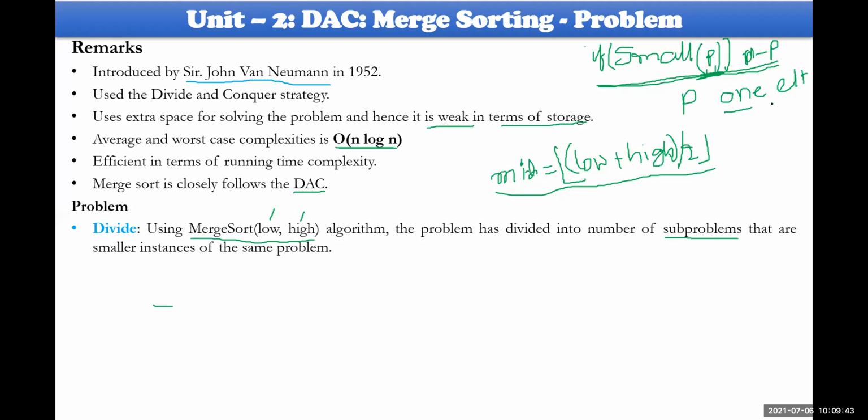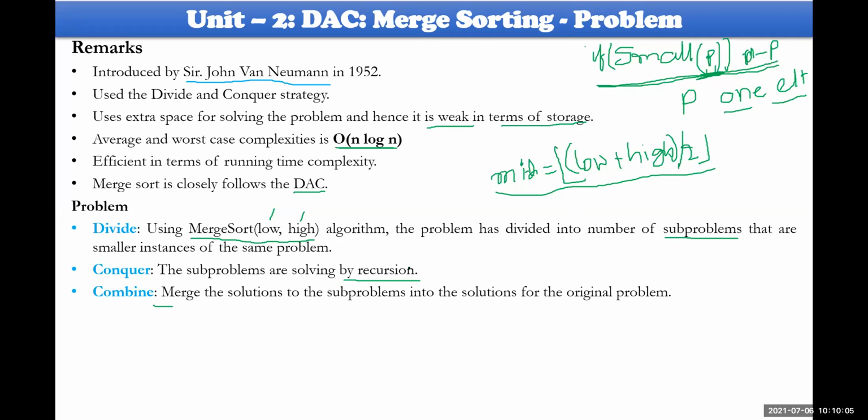If you have a single element, the divide operation stops. Whereas if there is more than one element, the divide operation continues through merge sort. Then the conquered subproblems are solved using recursion, and the solutions are combined to the original problem.